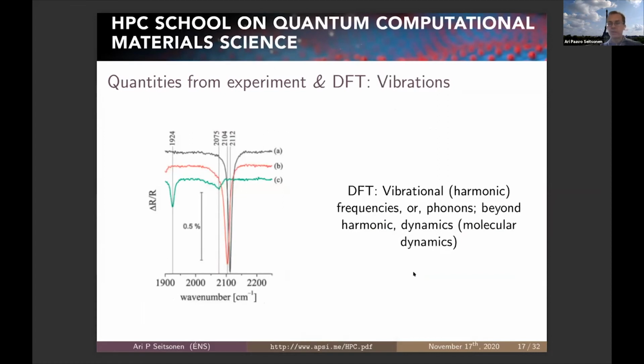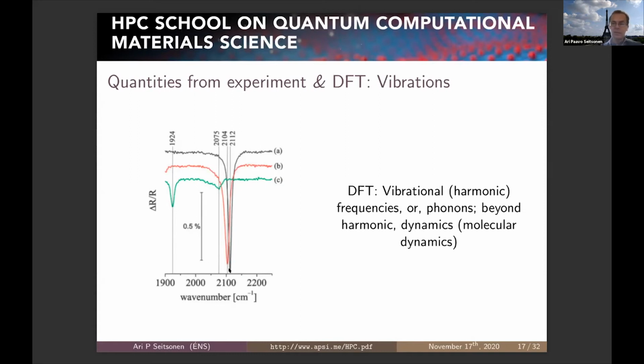One thing which is maybe obvious, we can calculate the vibrational frequencies and maybe go beyond. Well, in solids, they would be called phonons, and compare with the experiment. So this is just an experimental spectrum where they use the so-called infrared spectroscopy to measure the absorption of the infrared signal.